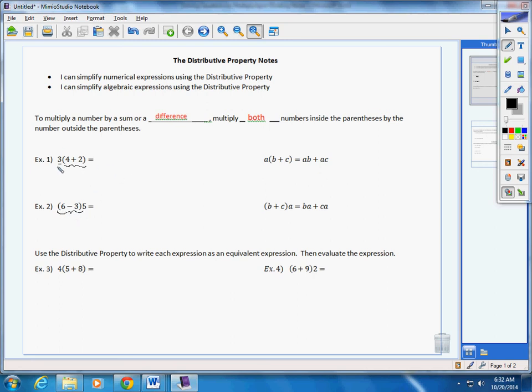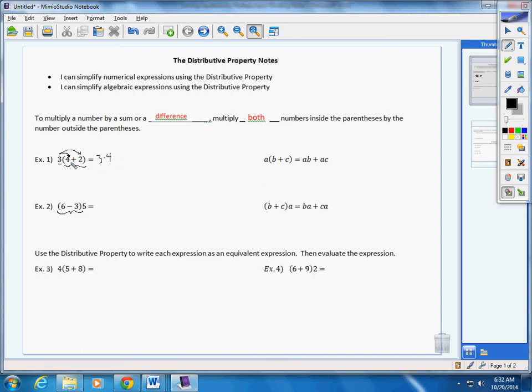To multiply a number, 3, by a sum, 4 plus 2, multiply both numbers inside the parentheses by the number outside the parentheses. That means you're literally going to distribute, you're going to give that 3 to both the positive 4 and the positive 2 on the inside. So the way in which we would rewrite this to make it easier for us to comprehend is we would say 3 times 4.